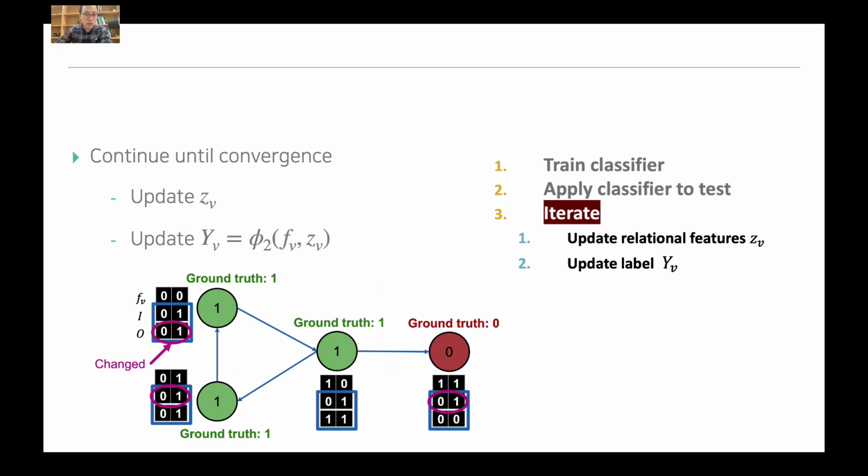And then we keep updating the relation of features and labels until the convergence. At this iteration, we often see that the incoming and outgoing vectors are changed.